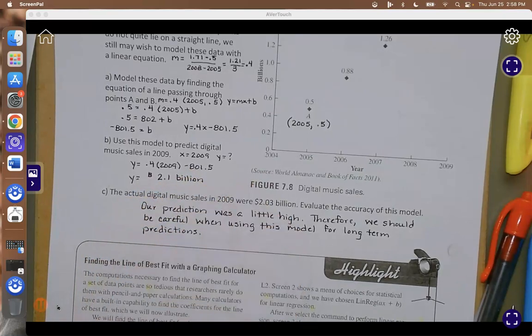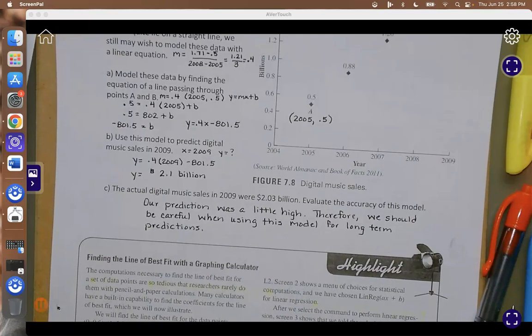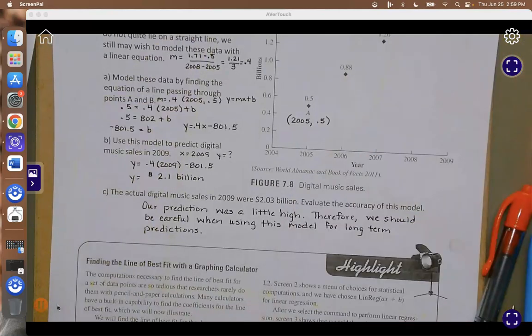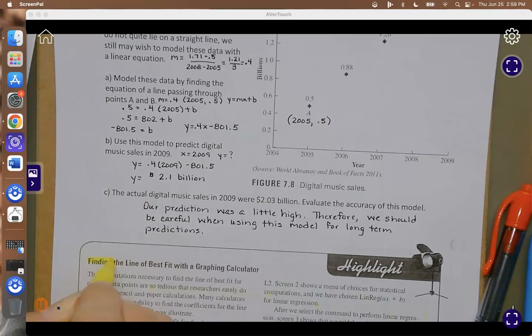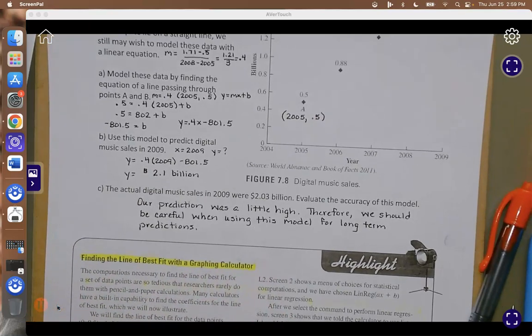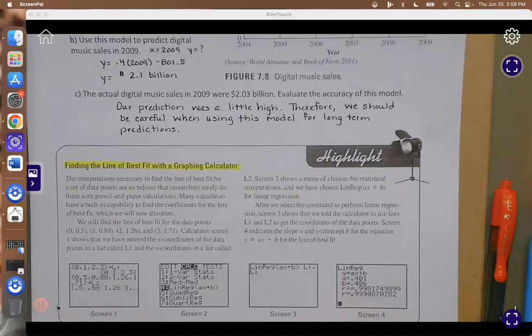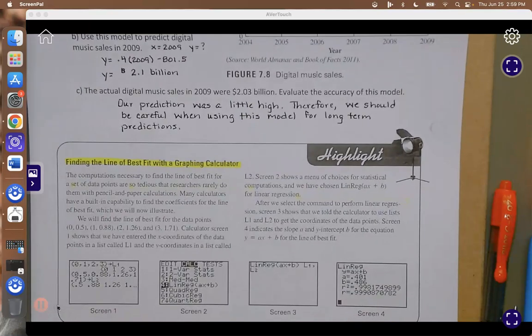And you may remember back from Math 1 that when you have not quite a linear line, you found something that was called finding the line of best fit. Now, I don't like the way they do it here, so we're going to write our own step. So, we're going to make our own table.